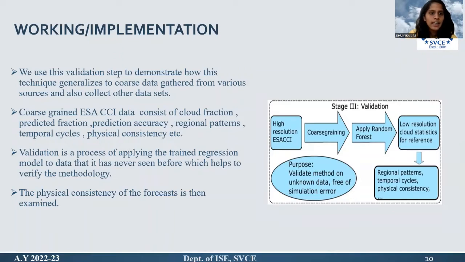Coarse grained ESA CCI data consist of cloud fraction, predicted fraction, prediction accuracy, regional pattern, temporal cycles, physical consistency, etc. Validation is a process of applying the trained regression model to data that it has never seen before, which helps to verify the methodology. The physical consistency of the forecast is then examined.